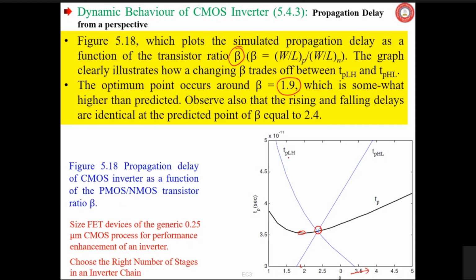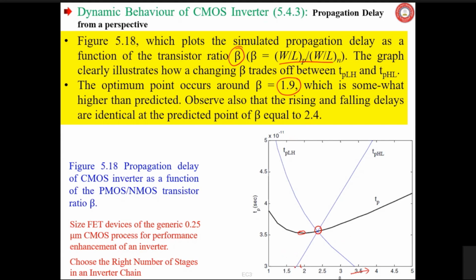See that TP, this x-axis is beta. The propagation delay of a CMOS inverter as a function of the PMOS/NMOS transistor ratio. Beta is defined here as W by L of PMOS divided by W by L of NMOS.